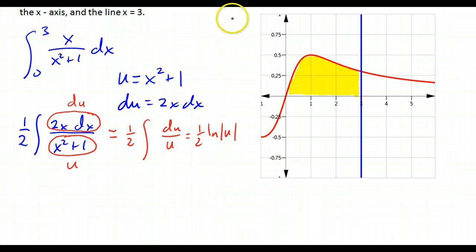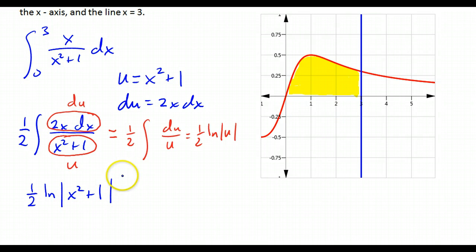So we're going to have 1/2 the natural log of the absolute value of x squared plus 1 from 0 to 3. And when you think about it, I don't even need that absolute value anymore, because x squared plus 1 is always going to be positive, isn't it? So we'll just put parentheses around that, okay?